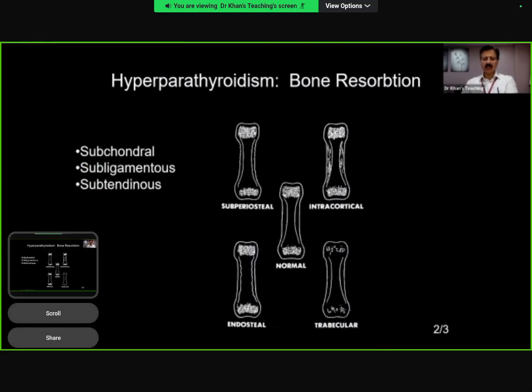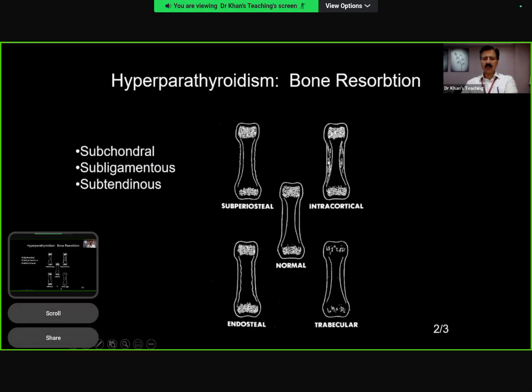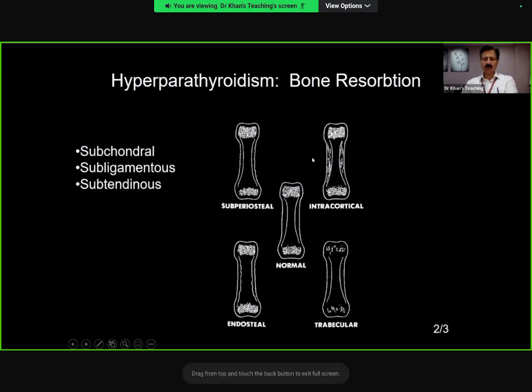There is another type of bone resorption which is shown here, and this is known as intracortical bone resorption. When that is there, the outline of the periosteum remains very sharp and distinct, and we also call this phenomenon cortical tunneling.